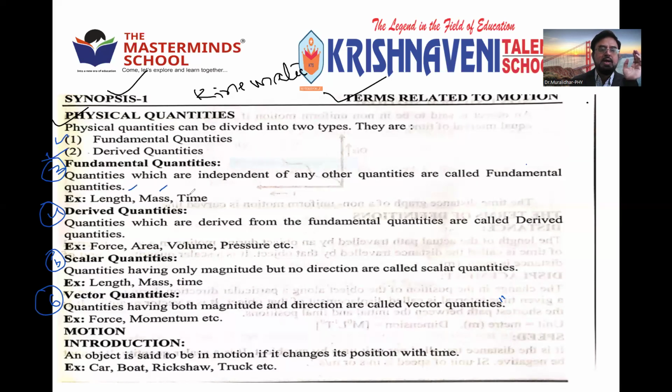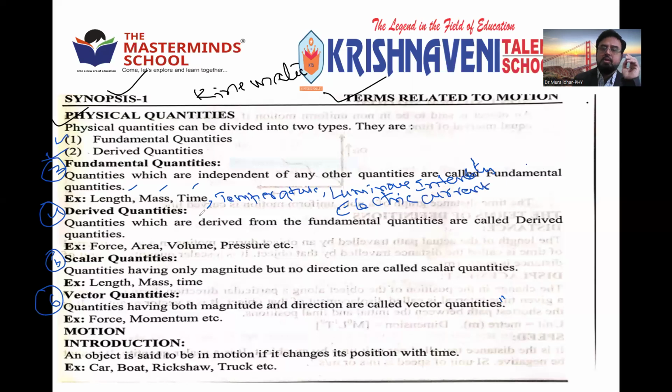Like length, mass, time. Many are there. Temperature, luminous intensity, electric current. All these come under the fundamental physical quantities.